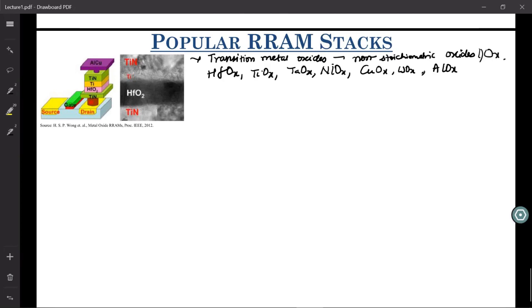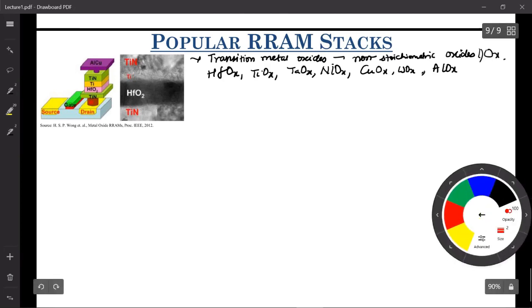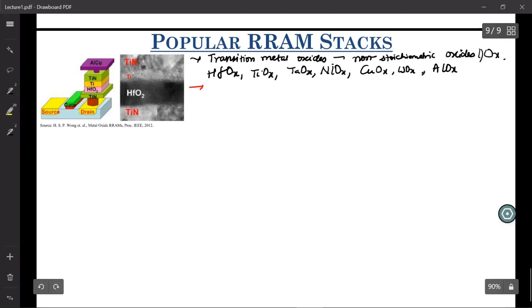Now let us discuss a few of them and their unique properties. We discussed in the first slide itself that we can have copper oxide based devices in the interconnects. We can have tungsten oxide based devices in the source and drain contact plug itself. So these are CMOS compatible.